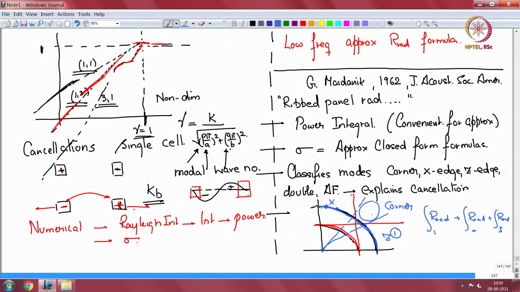Let's say 1, 2 and 3, and comes up with what is called a modal average radiation efficiency. Okay.